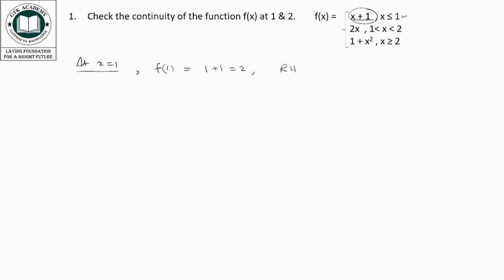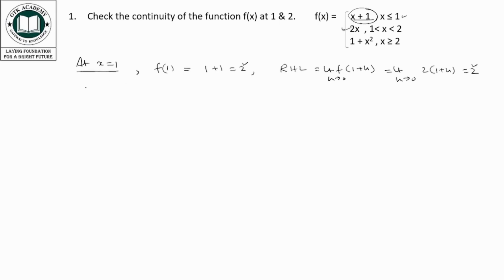The right hand limit is equal to limit h tending to 0 of f(1 plus h), which, when x is greater than 1, comes in this region, that is limit h tending to 0 of 1 plus h, which again is equal to 2. So the value of function at 1 and right hand limit are both 2.